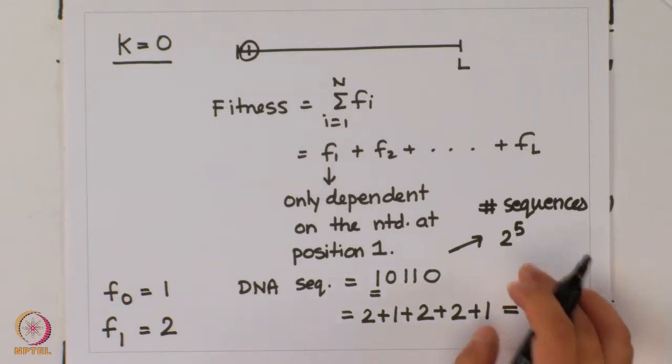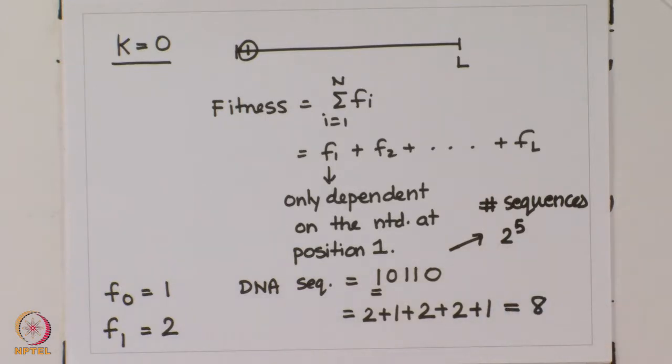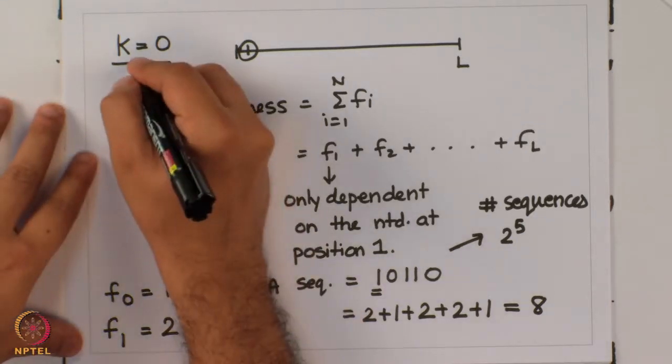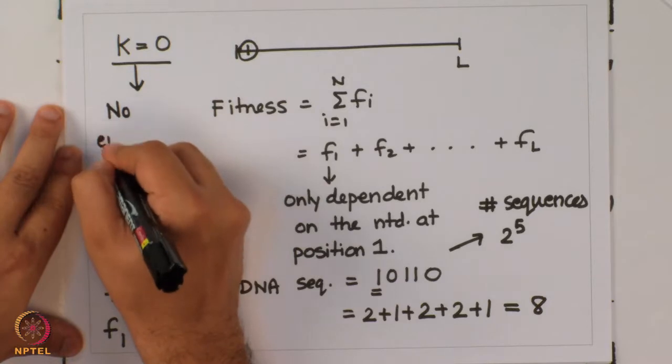So, you find the fitness corresponding to each of the 32 sequences, and then do the same exercise that we have been talking about: draw the nodes, draw the edges, connect them if they can be changed into one another via a single mutation, and understand the structure associated with the fitness landscape that you get. So, k equal to 0 is a fitness landscape which you get with no epistasis.